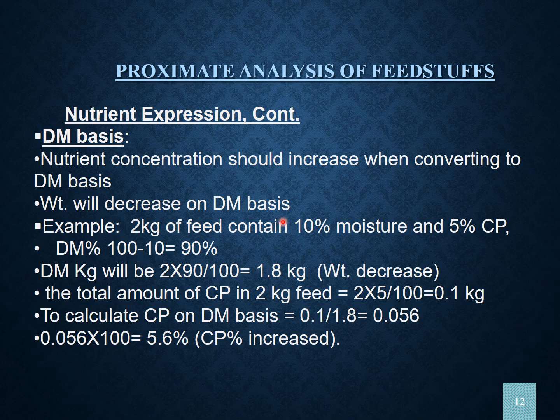So when you know the percent of the moisture, then you can easily calculate the dry matter. So 100 minus 10 equals 90%. This is the percentage of dry matter of this 2 kilograms. So this 2 kilograms of feed contains 90% dry matter and 10% moisture.